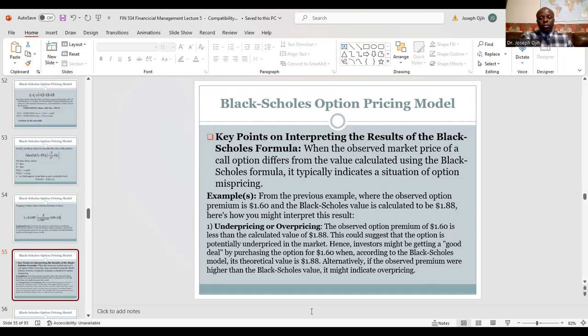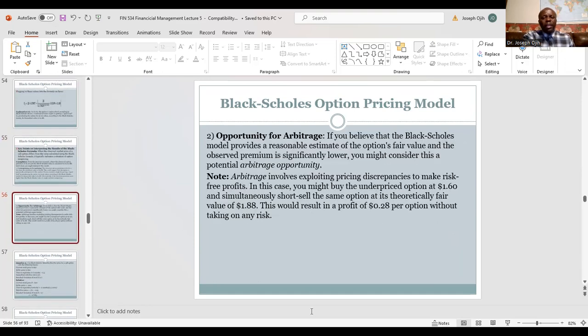Okay. So now, another way you can interpret this is this. Since the value is higher than the premium, it is an opportunity for arbitrage. If you believe that the Black-Scholes model provides a reasonable estimate of the option's fair value, and the observed premium is lower, that is, in this case, $1.60, while the value of the option is $1.88, it means that this is an arbitrage opportunity.